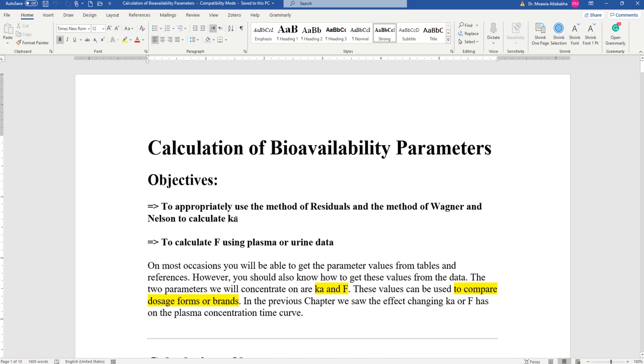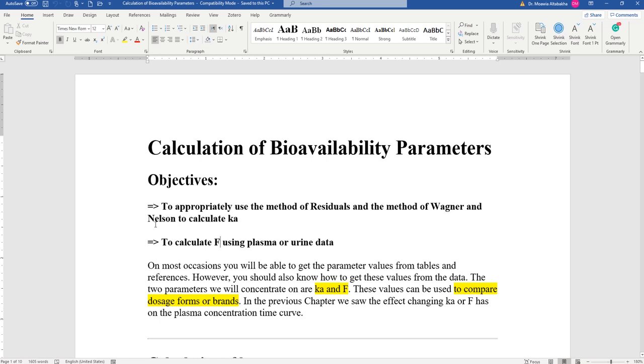We said that the larger the Ka, meaning faster absorption, we will reach the maximum concentration faster, and this maximum concentration will be higher. Regarding F, we said that F will affect all concentrations at all times proportionally to F, the bioavailable fraction. So if F doubles, all the concentrations at all times will be multiplied by 2.